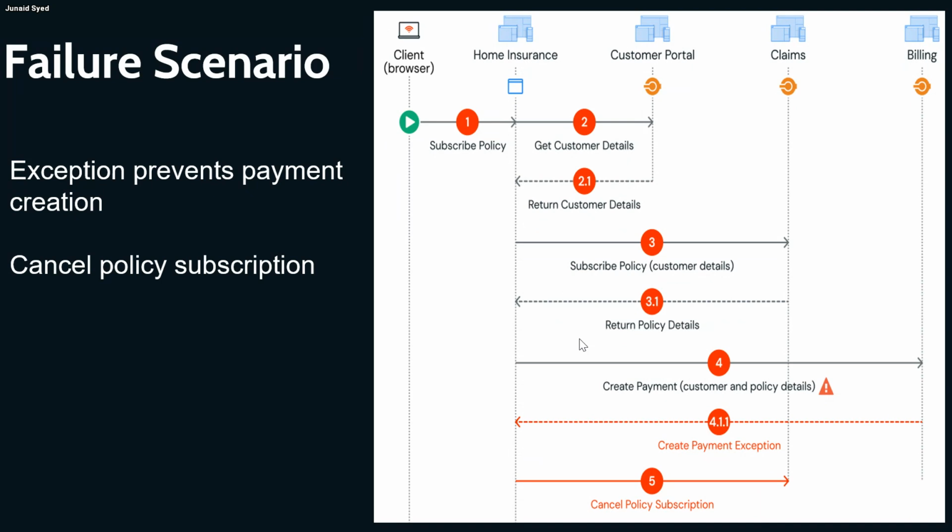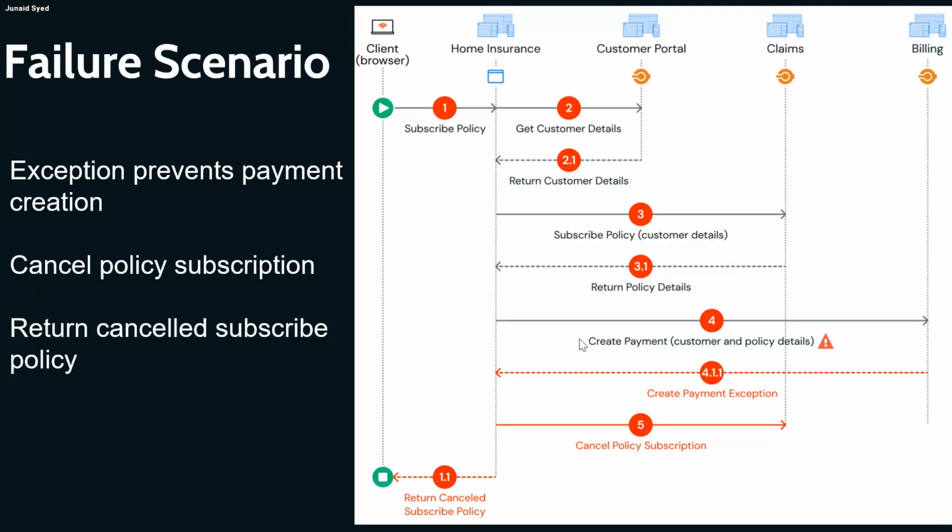Obviously, because the payment has failed, I need to cancel the policy in my claims application. Otherwise, the claims application would still believe that it has a valid policy for that customer, and then return the cancelled subscribe policy to the end user. Obviously, when the policy subscription has failed, I have to intimate the user as well about the same.